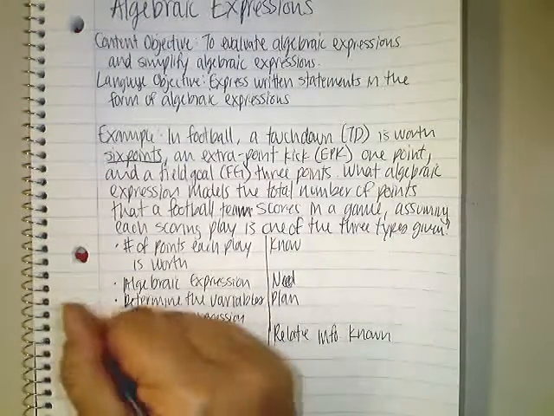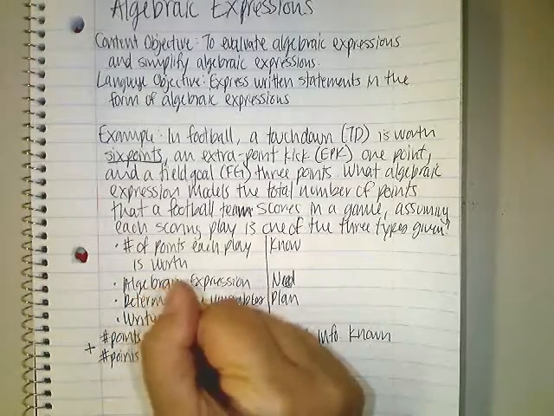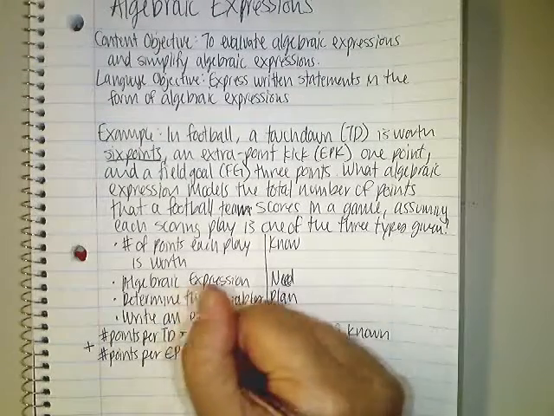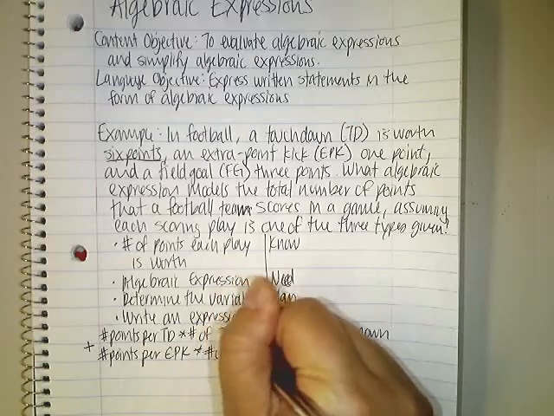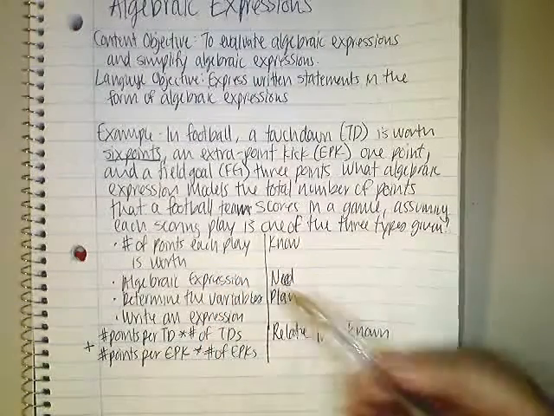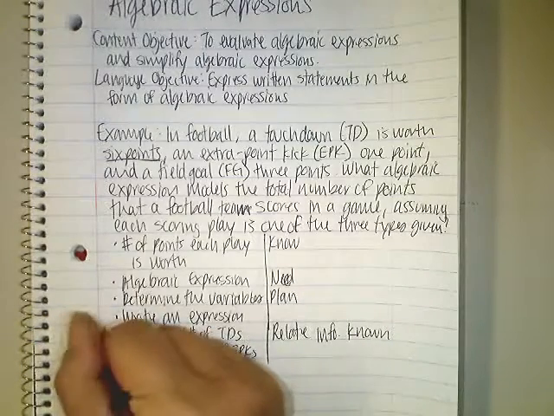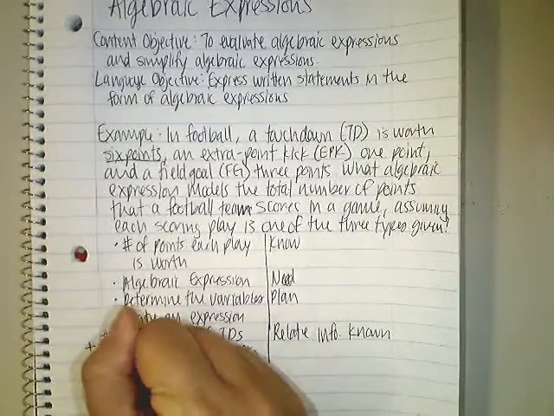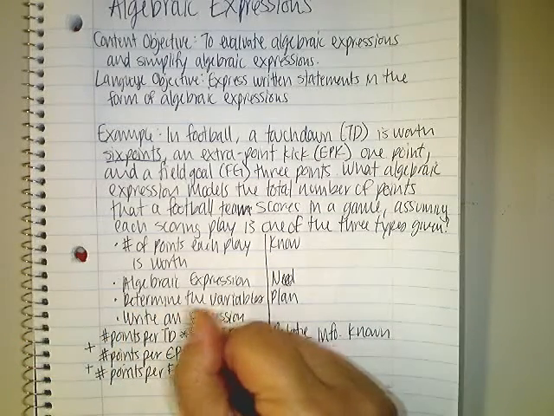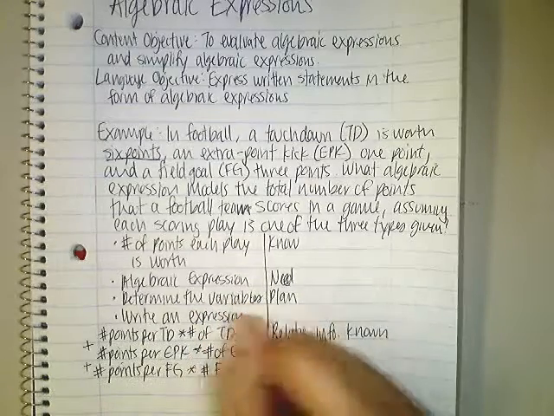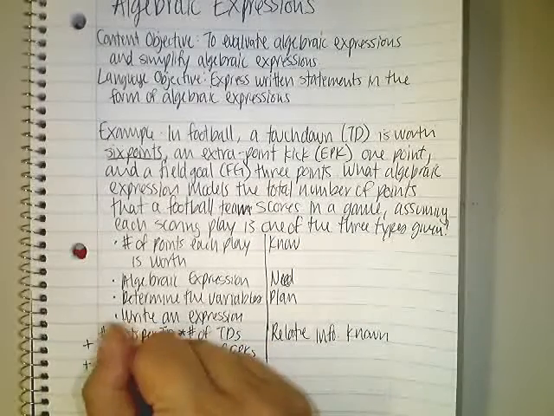If I add that to the number of points per EPK, or extra point kick, multiplied by the number of EPKs, then I'll have the total points for those 2 types of plays. And then last, if I add the number of points per field goal times the number of field goals, then add those all up, I'll have the total points.